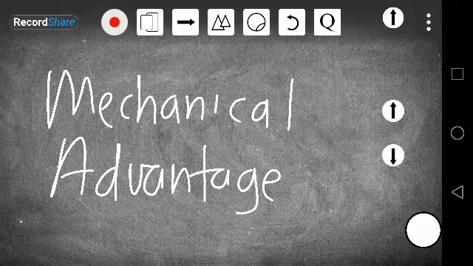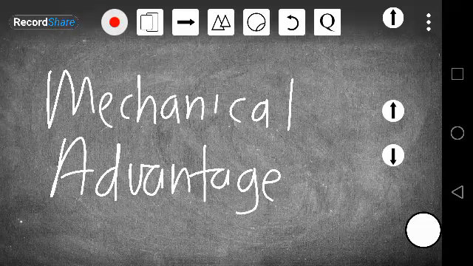Now, machines have got a certain advantage compared to doing the thing manually or with our own means. So this advantage that machines have over the traditional method of not using machines is what is known as the mechanical advantage.